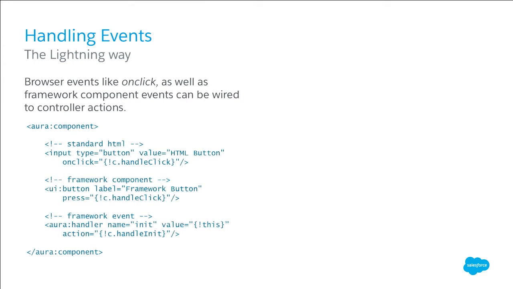Here is a simple example of how you do it inside the component. On click equals handle click, press equals action equals, and stuff. Simple. And that handle click is something that goes into the controller. Don't include direct JavaScript inside the Aura markup because it won't work.